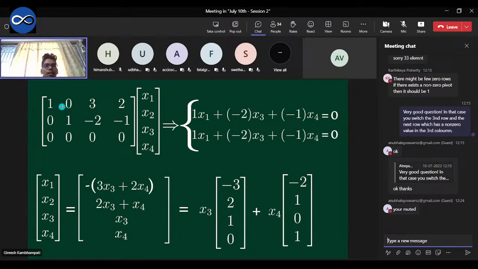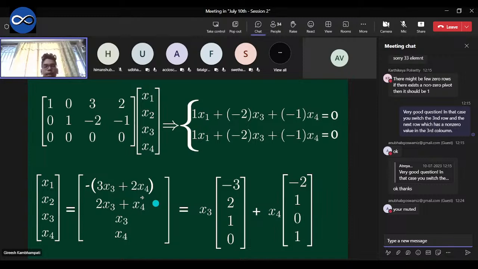The correct equation is x1 plus 3x3 plus 2x4. Here you can see the first row of this matrix, 1, 0, 3, 2, into x1, x2, x3, x4 gives x1 plus 3x3 plus 2x4 equal to 0. So x1 equal to minus 3x3 minus 2x4.